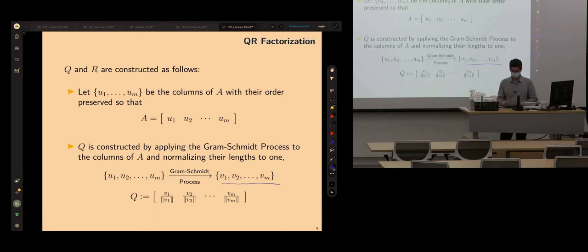Then we normalize them, and then we stack them in a row to form another n by m matrix. And then we call this matrix Q. So Q is coming directly out of the Gram-Schmidt process. When you apply that to the columns of a matrix, you get Q.